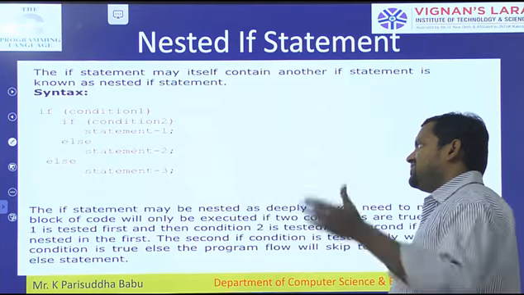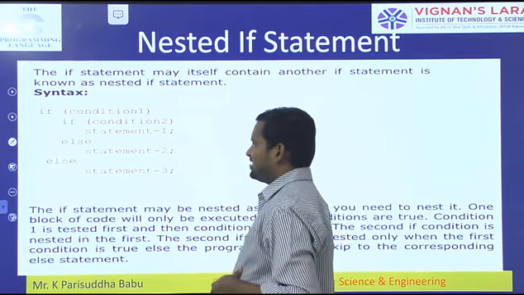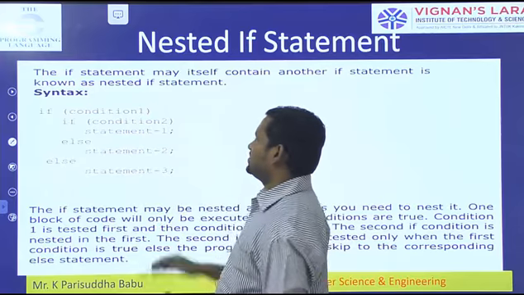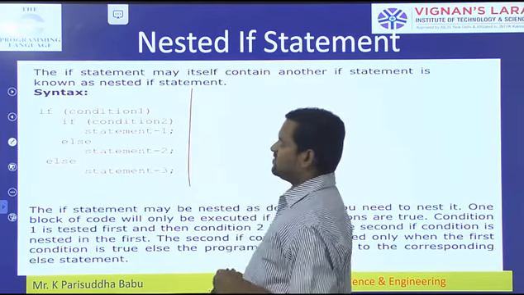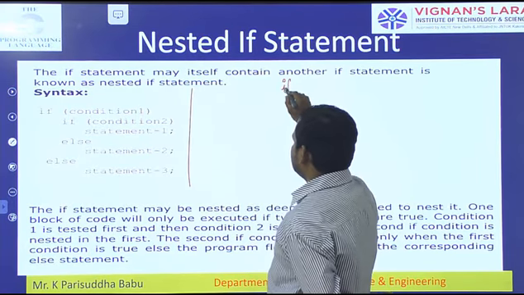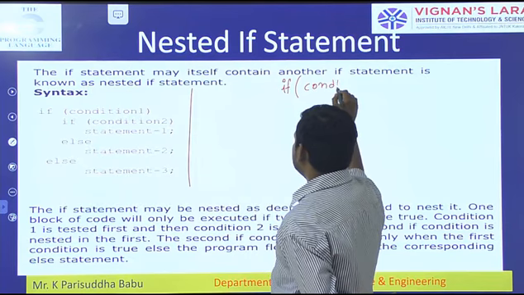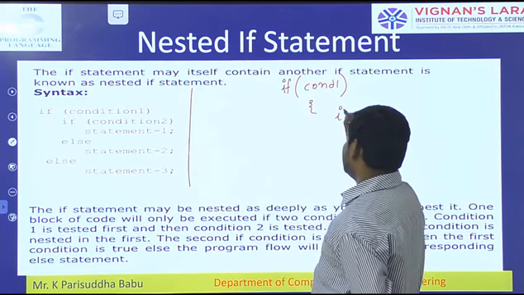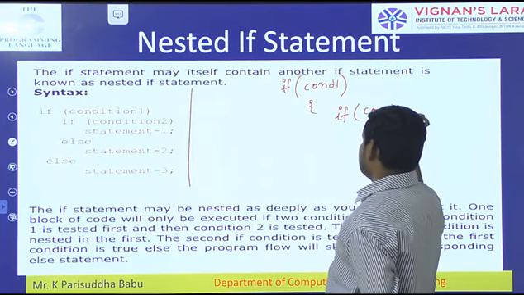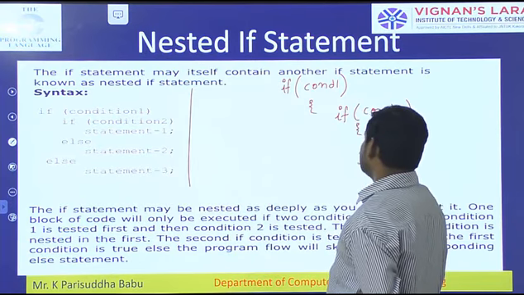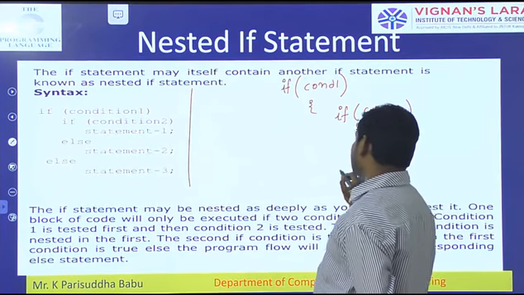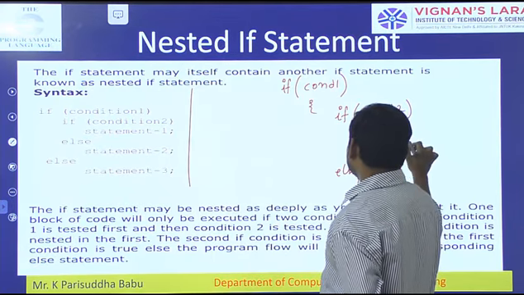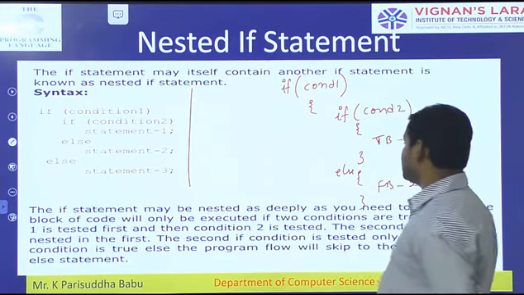If condition 1 is true, then automatically we check another condition, which has its own if and else. In this statement we do not write any opening curly brackets. If condition 1 is true, then we check condition 2. If condition 2 is true, the true block will be executed; otherwise, the else block, the false block, will be executed.